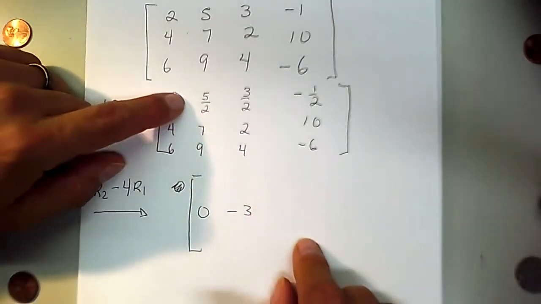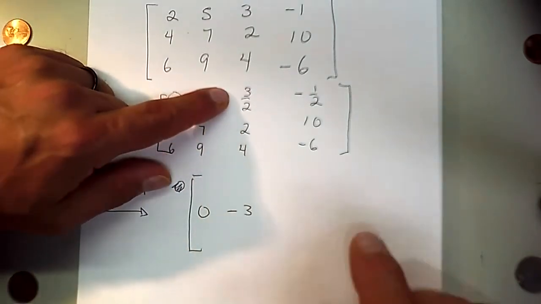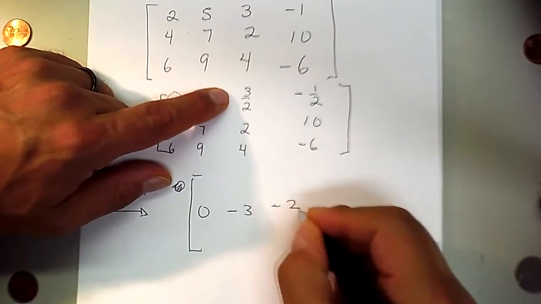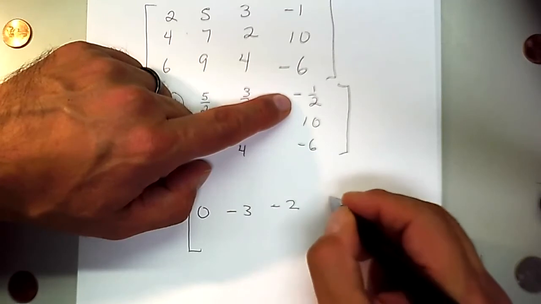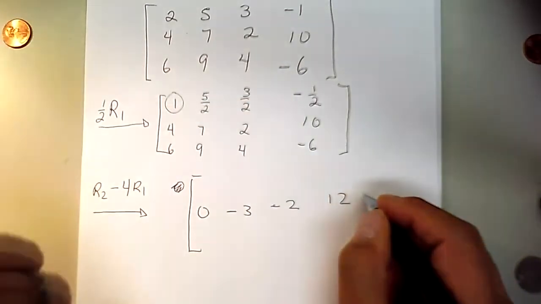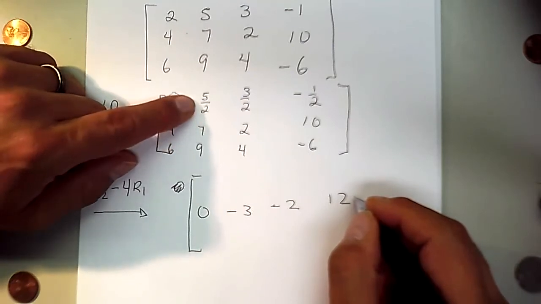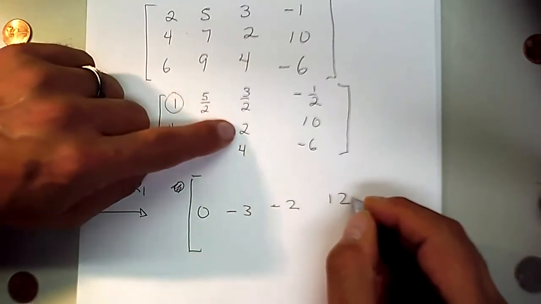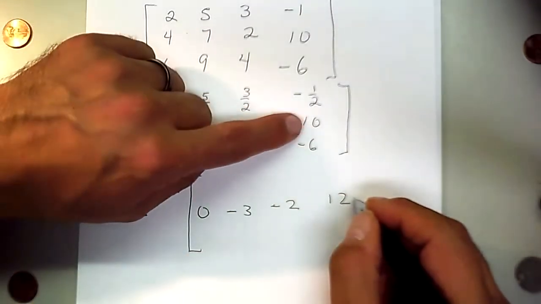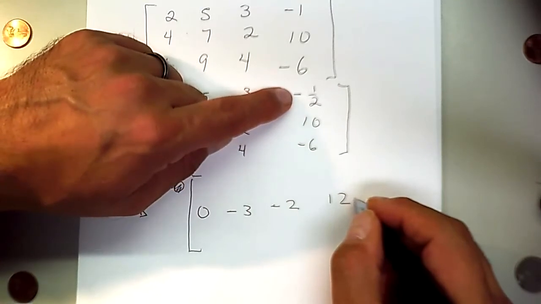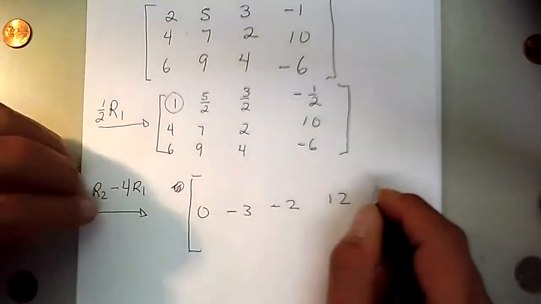So 7 minus 10, 2 minus 6, 10 plus 2. Okay, let me double check. 7 minus 10 because we're multiplying by 4. 2 minus 6 because we're multiplying by 4. 10 plus 2 because we're multiplying by 4 and we're subtracting.